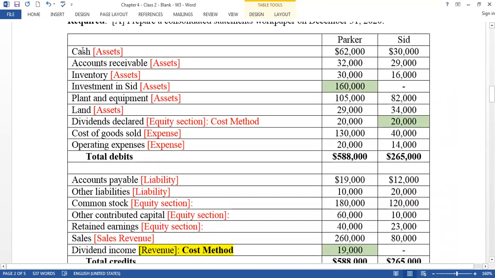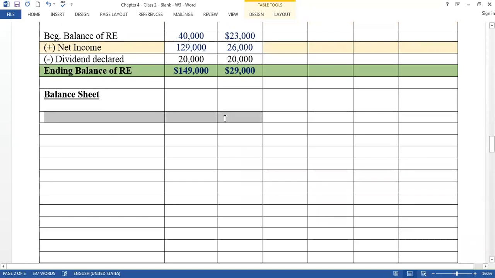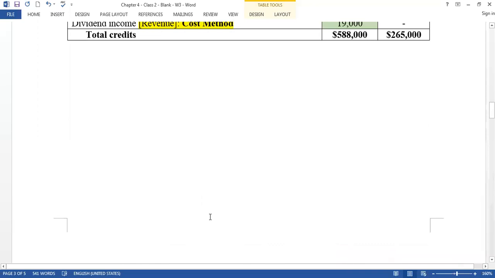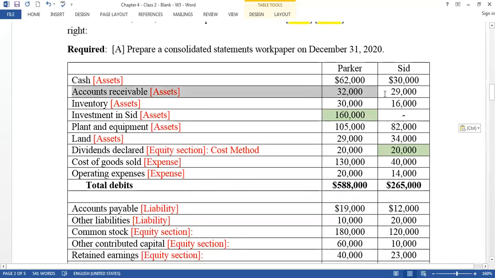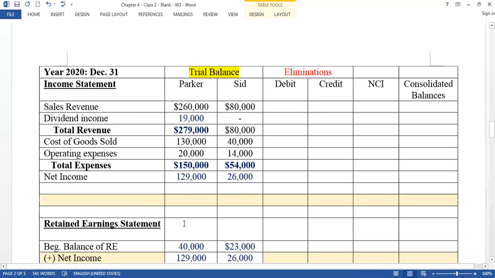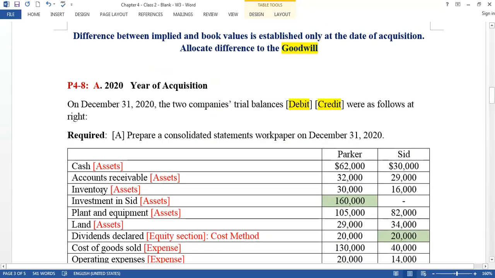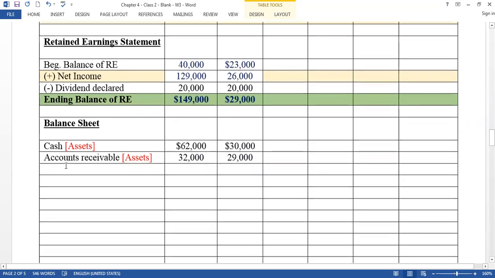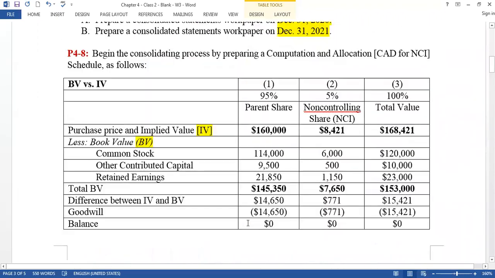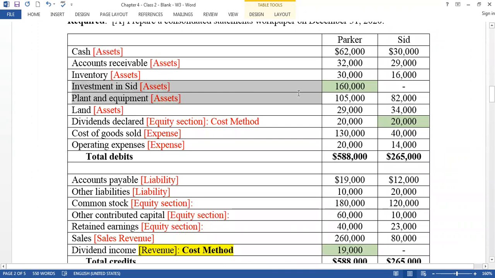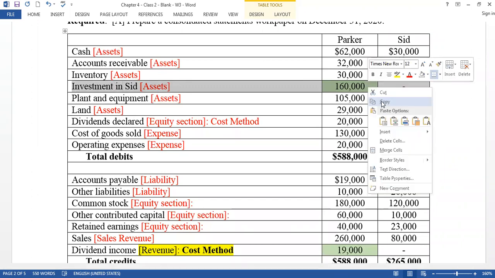On the balance sheet, you can see that we have cash. Then we have, you can do it by yourself, accounts receivable, then inventory, then investment in subsidiary. The parent doesn't have this, and the subsidiary doesn't have this information.